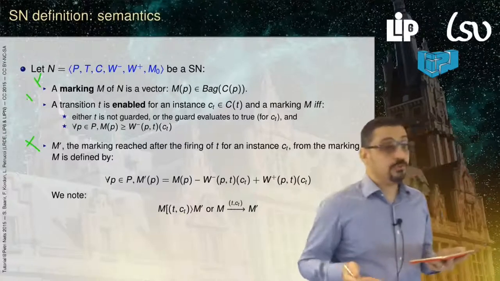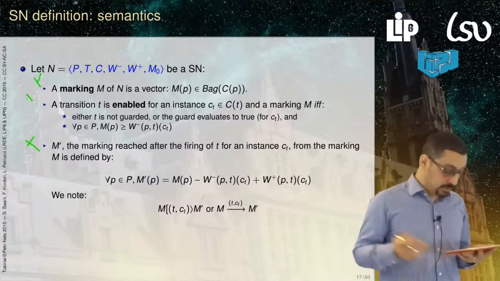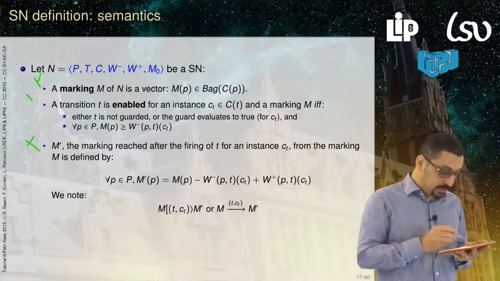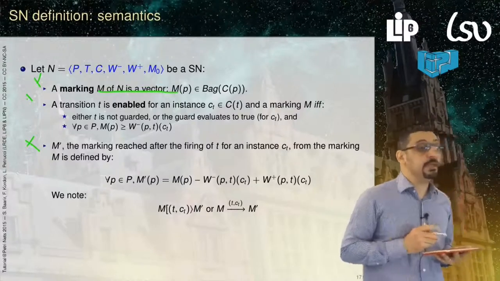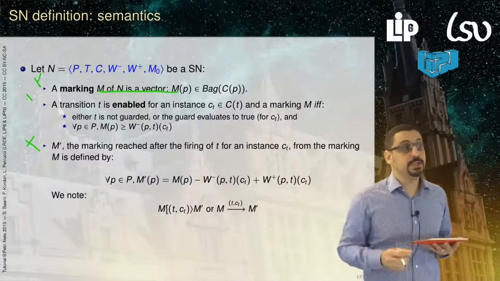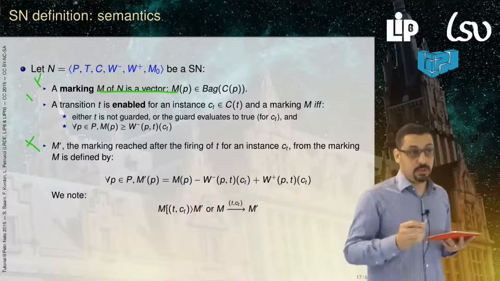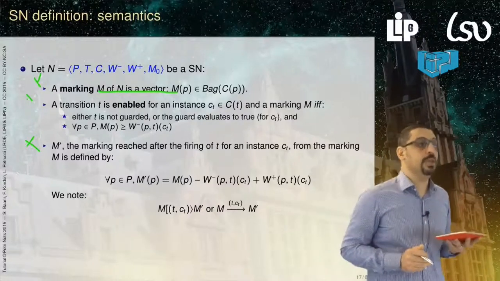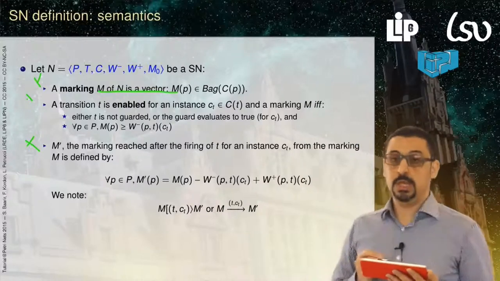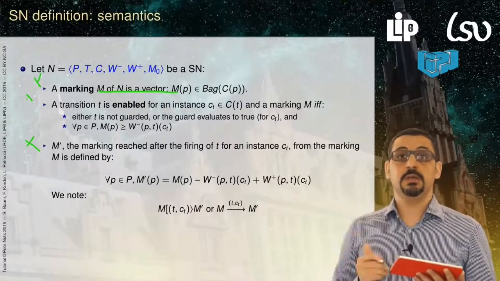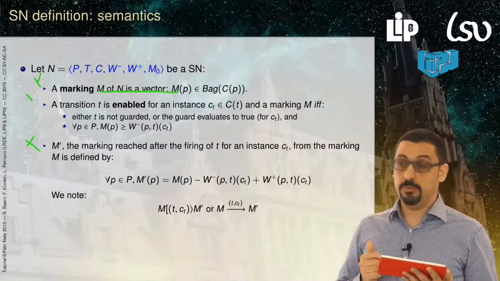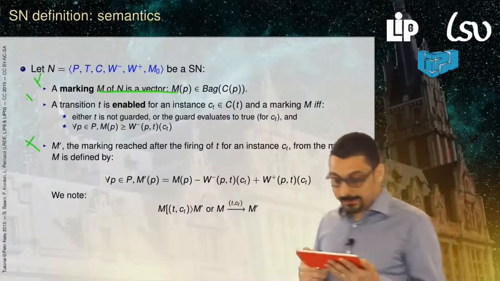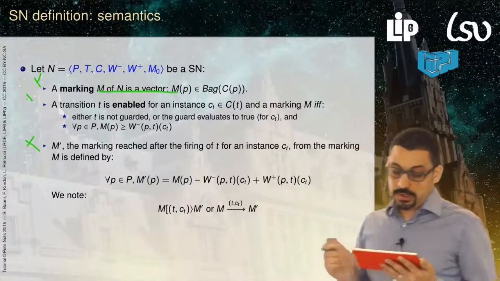The notion of marking, as I mentioned in the previous slide, is simply a vector indexed by P, and each entry of this vector is a bag of the domain of the entry. For example, if you take the entry P, its content is a bag of the domain of P.